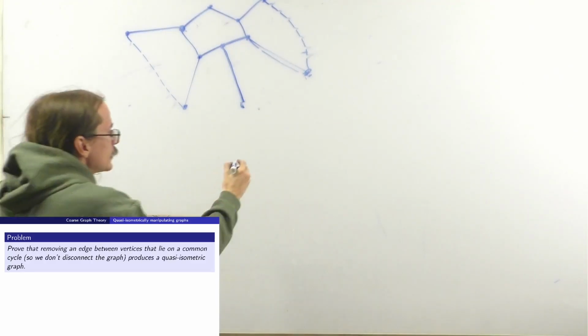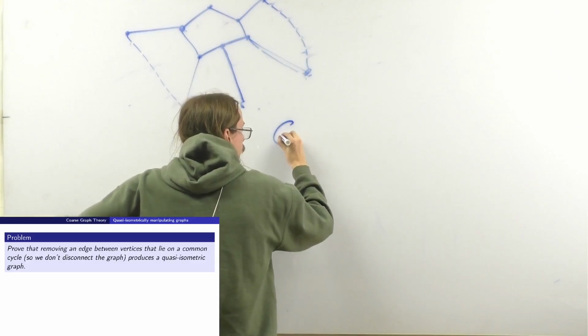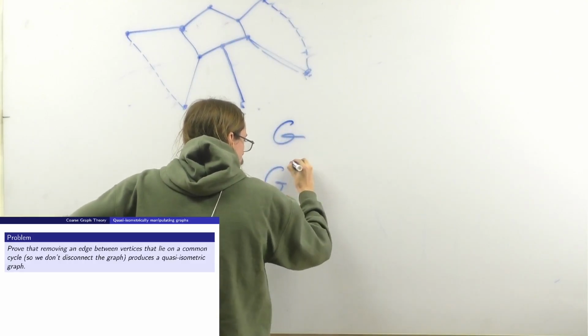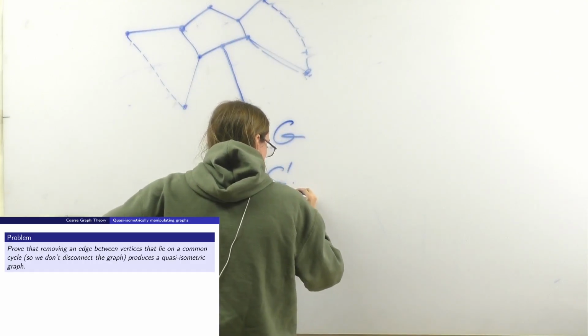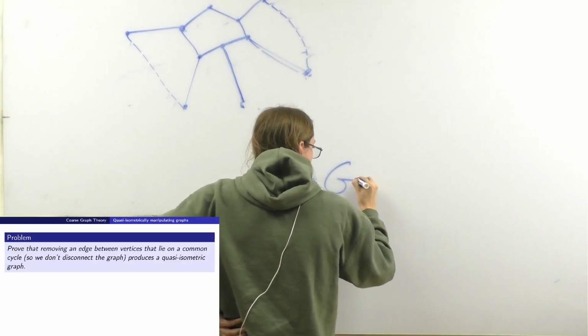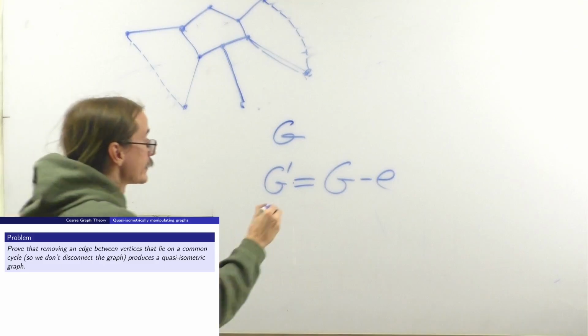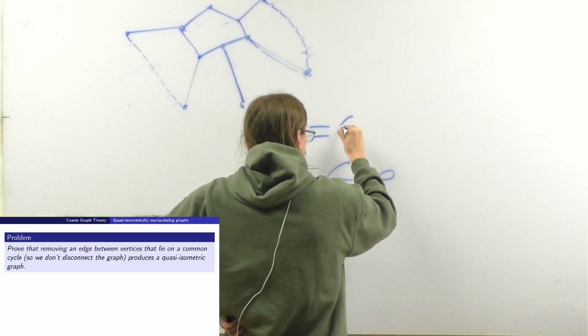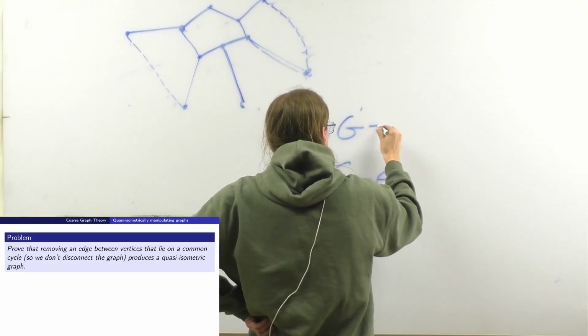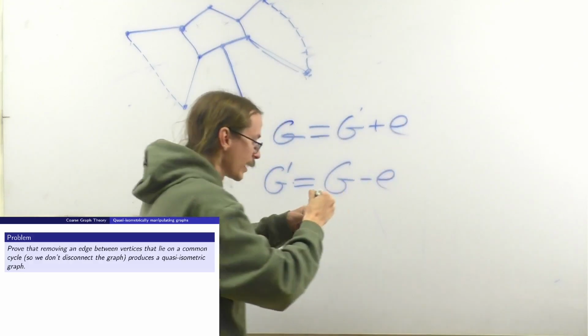So let's say I have G, and I have G prime, and G prime is the graph G minus an edge. So the other way to think about that is that the graph G is G prime plus an edge.